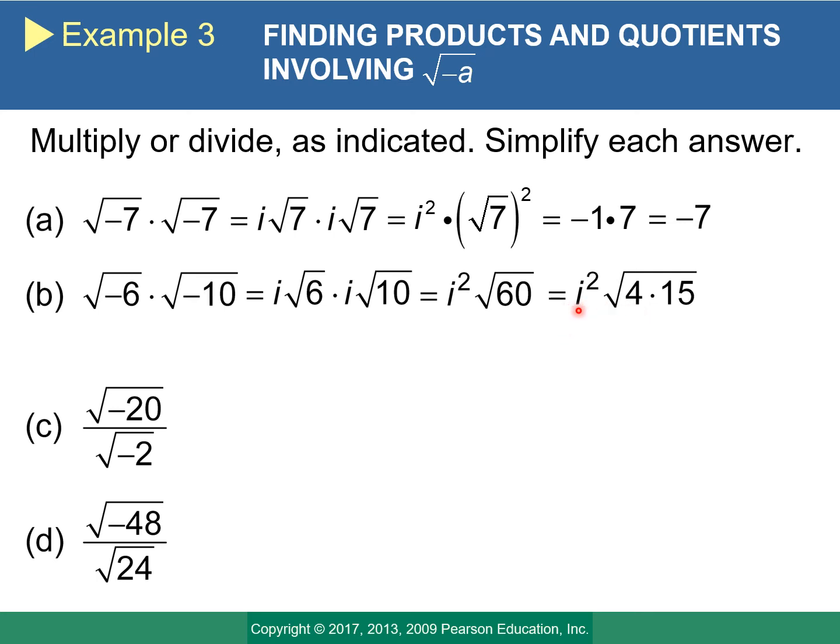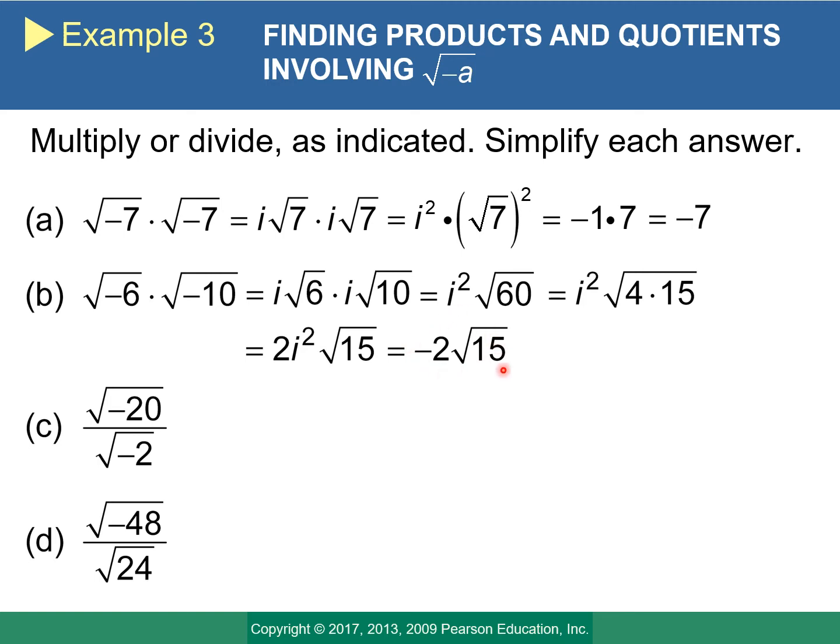We know i squared is negative 1. We know square root of 4 is 2. And then square root of 15 we don't know, so we're just going to leave it inside the square root. So then there's 2 i squared square root of 15, and that i squared we talked about was negative 1. So final answer, negative 2 times square root of 15. And you can check on your calculator too if you want to make sure.